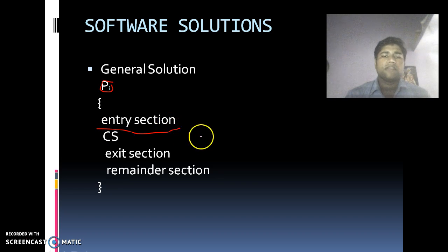In this entry section, we have some condition, with the help of which we enter into the critical section. Then we have the exit section. After this, the critical section work is completed, and this is the remainder section. Here we have no relation with the shareable resource. These are all the private resources which the program has.